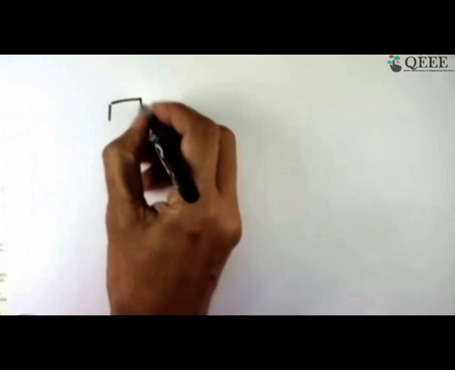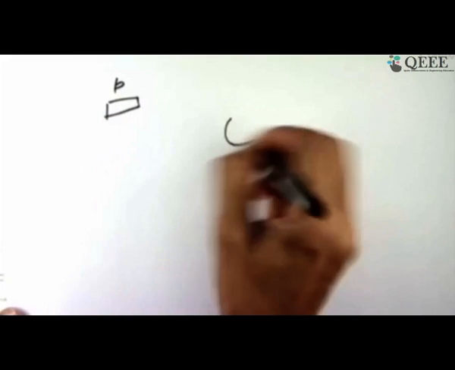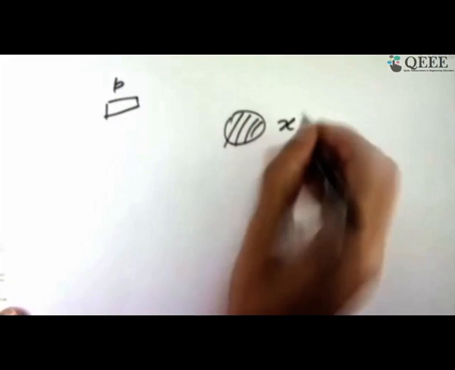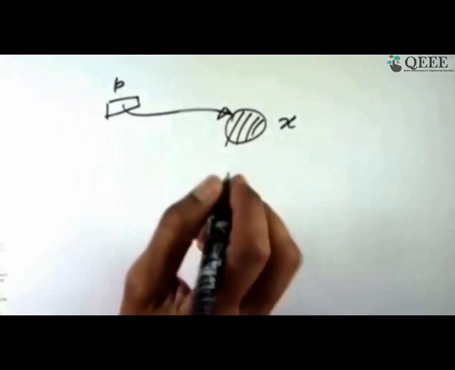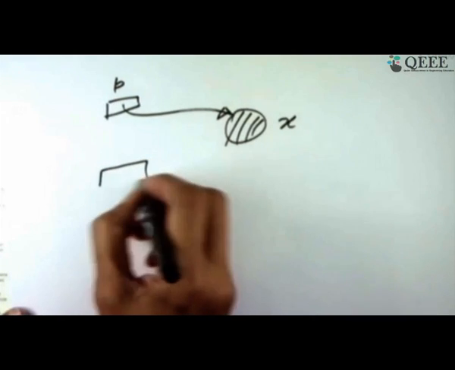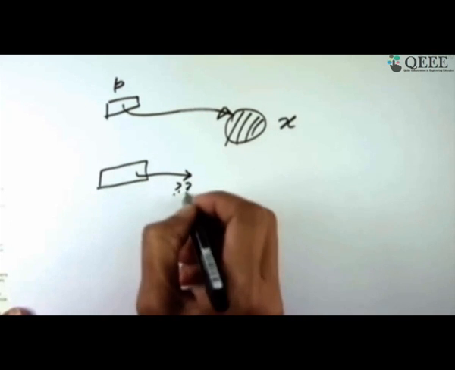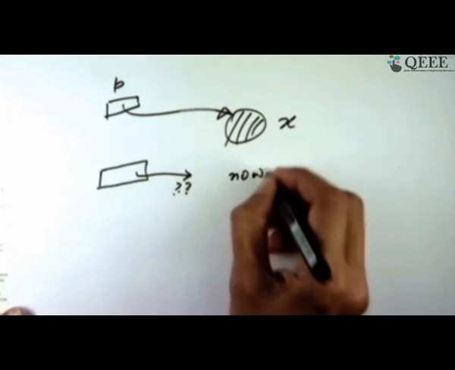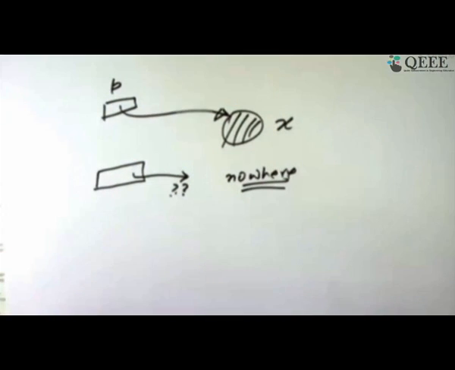Typically, if you have a pointer p, remember a pointer is supposed to be an address. So here is an object x. You are supposed to put the address of x in p, and then it becomes a proper pointer. But what if I have taken this p and right now it is pointing to nowhere, which means not to any object of interest to me?